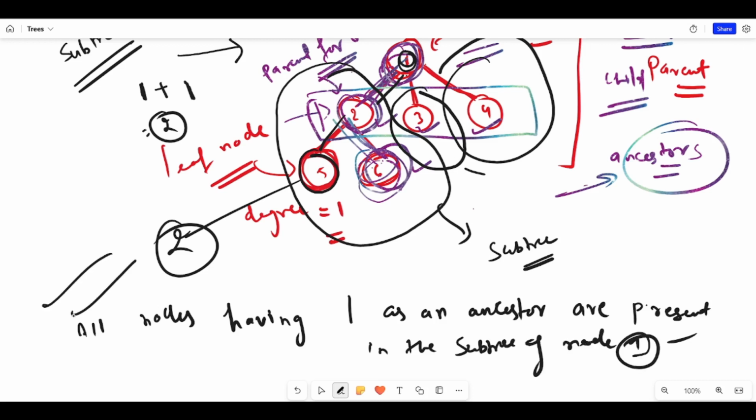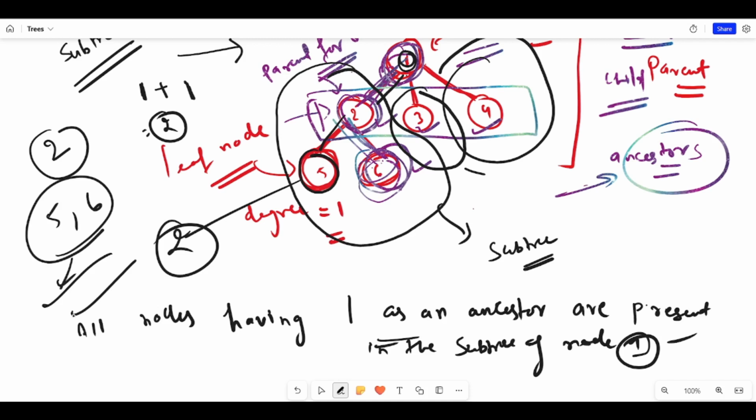So this is a definition for the subtree. Okay, we can see what are the nodes which have 1 as their ancestor. All of the nodes except 1, that is 2, 3, 4, 5, 6, all of them have 1 as their ancestor. What are the set of nodes which have 2 as their ancestor? Node number 5 and node number 6. They constitute the subtree of the node number 2. Okay, so that's all. That's the definition for a subtree.